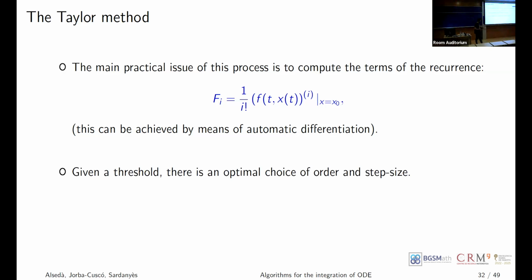So the third thing is to use automatic differentiation, which is some sort of middle ground between numerical differentiation and symbolic, because it is symbolic in the sense that the computation is exact, so you don't add errors as you do in numerical differentiation, but it's exact up to the operations you do, which are sums and products.